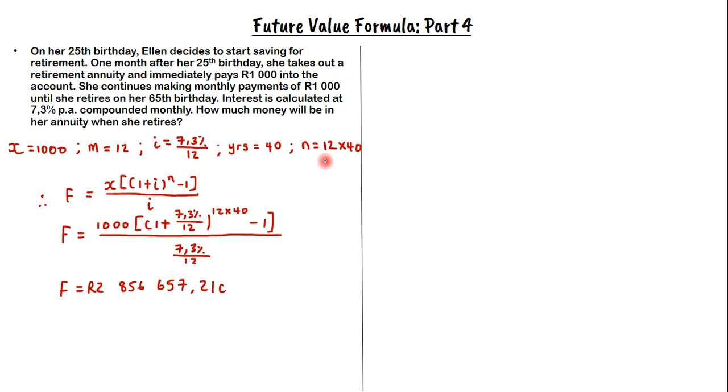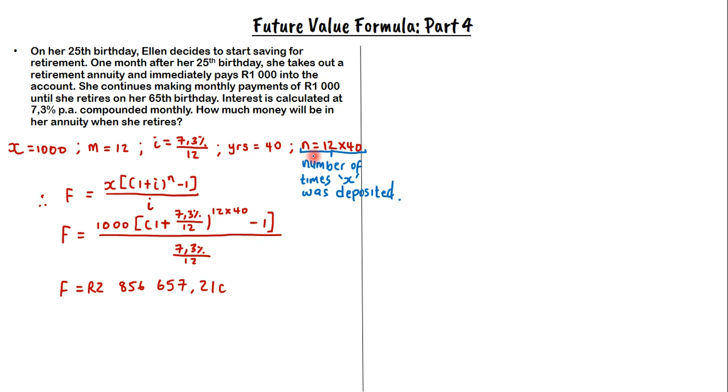It can stay as that, but when you're talking about the future value formula, we're mainly focusing on the number of savings made, or the number of times X was deposited. X is the 1,000 rand that Ellen was depositing here, and that is the only difference when viewing the value for n.